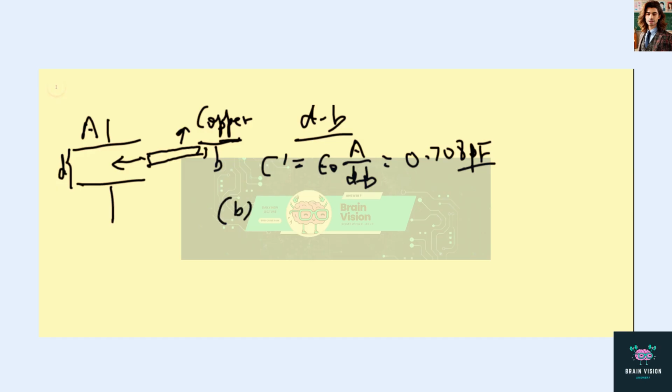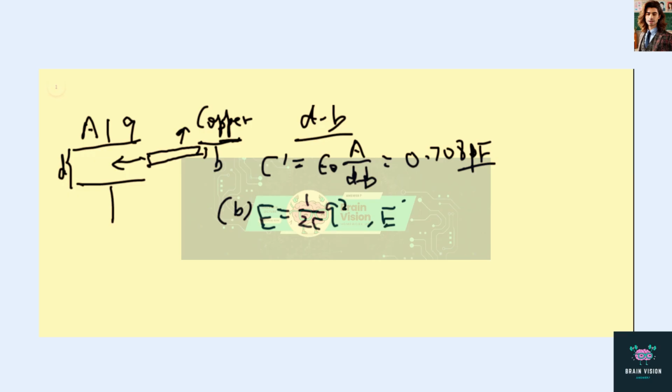And for part B, we want to know the energy ratio before and after. We know that the charge is fixed on the surface of the plate. So the energy stored on the capacitor before sliding the copper is E equals 1 over 2C times Q squared.